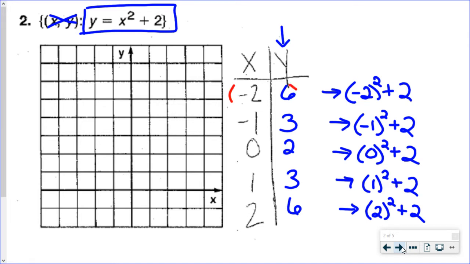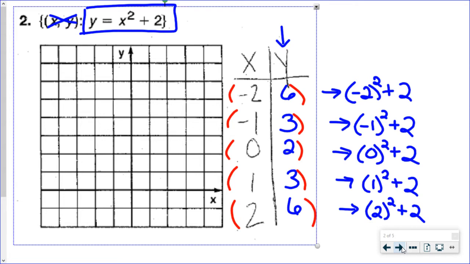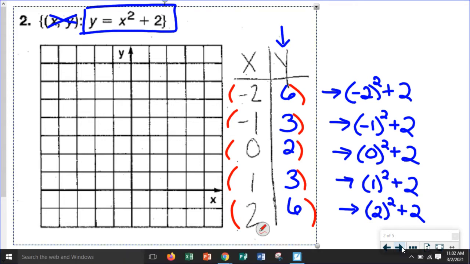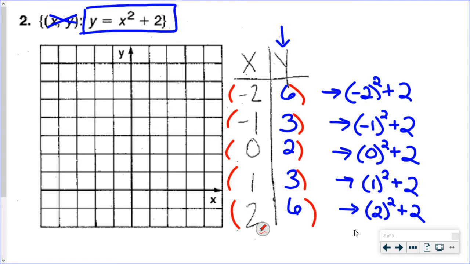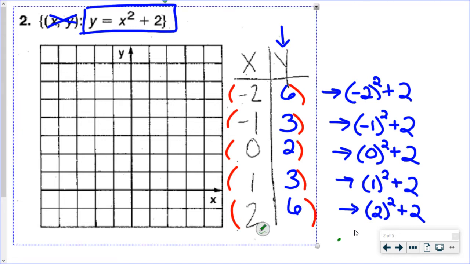Now remember, these are all ordered pairs. So now I'm going to plot these. So -2, 6 is 1, 2, 3, 4, 5, 6.